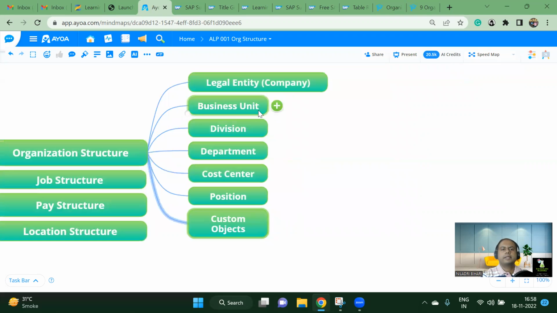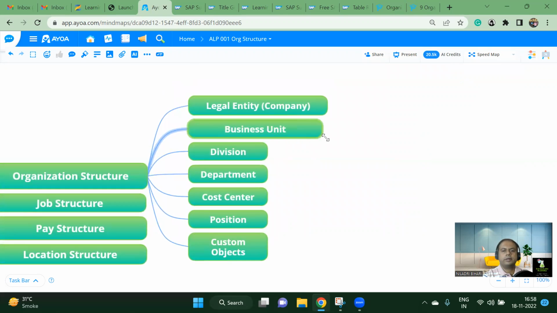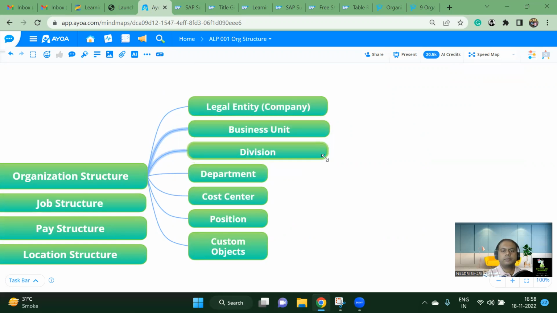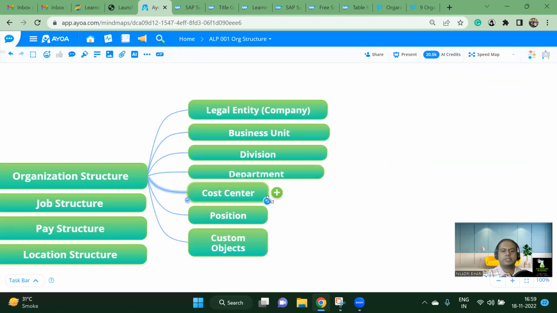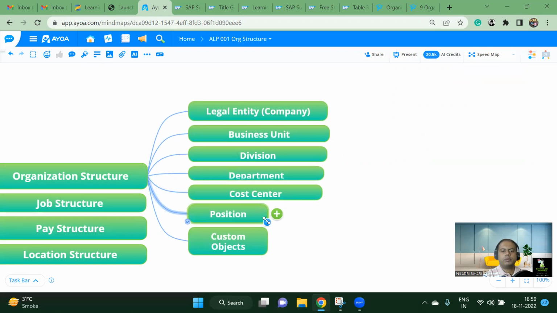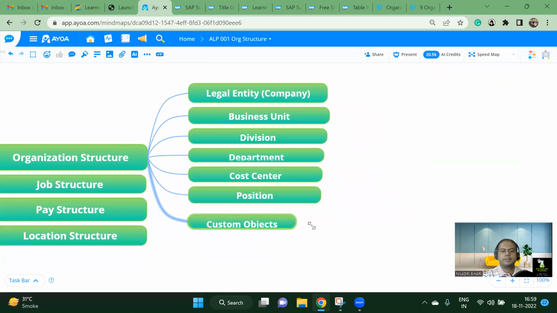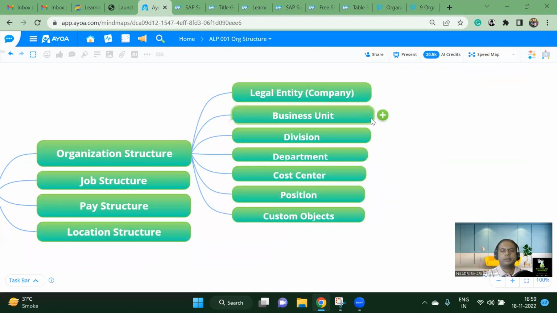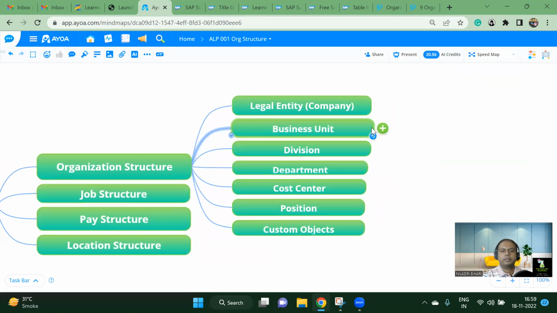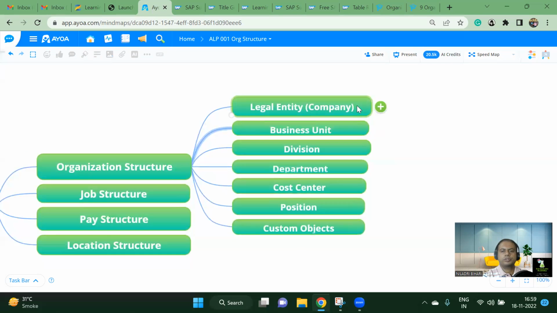So this is how the seven layers you can see, right? Legal entity, business unit, division. Then we do have department, cost center, position. Then wherever required, we also have custom objects as well, right? So this is all about your first component, that is your org structure.